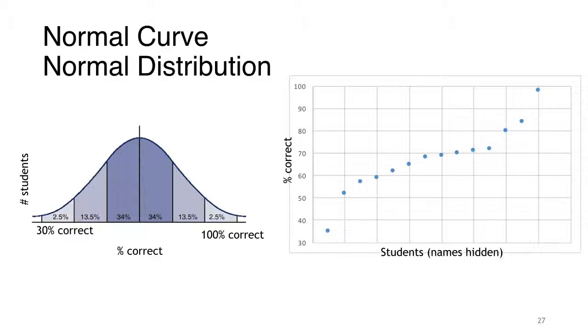Same data set. So you can see that each dot would represent a person and then their percentage correct. Let me repeat then. The normal curve is counting and representing the number of people who scored each score. It is not the same as graphing out the scores that the kids got. That would look like the one on the right.